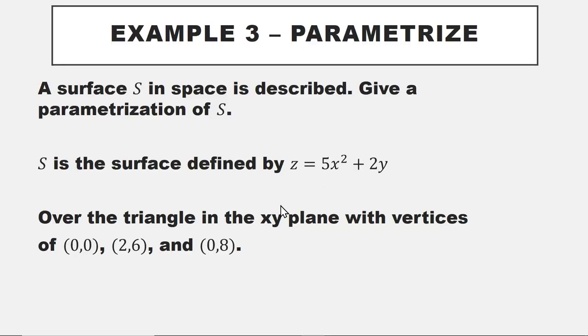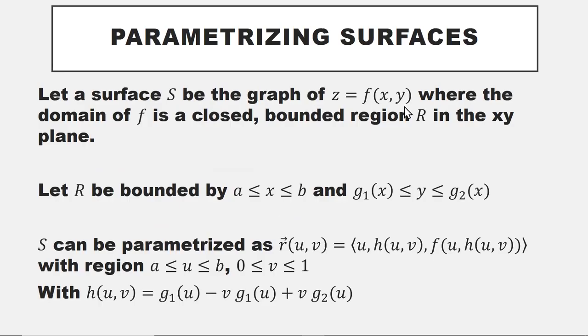Now that technique that we saw, the one described here, works really, really nicely when we have z equals a function of x and y as our surface. You can also, if ever I have a surface where I can solve for x, I get x equals a function of y and z, then I can do a very similar technique.